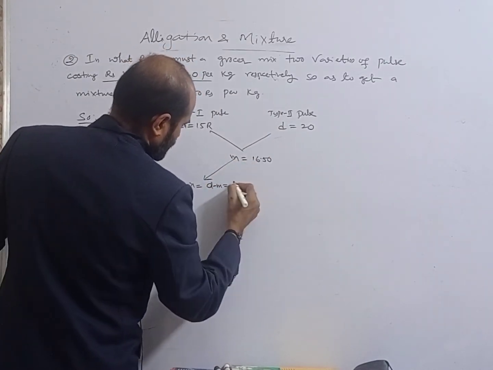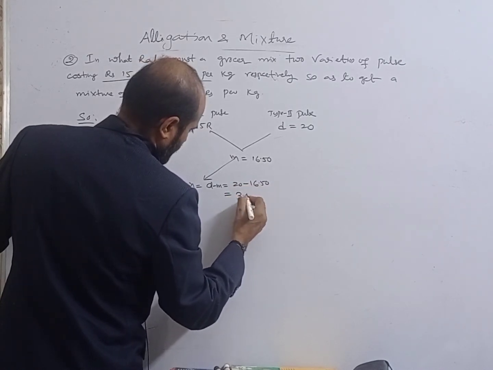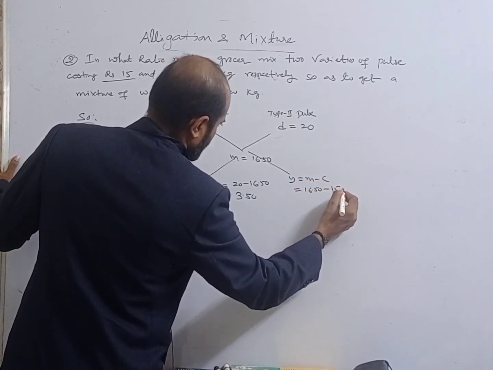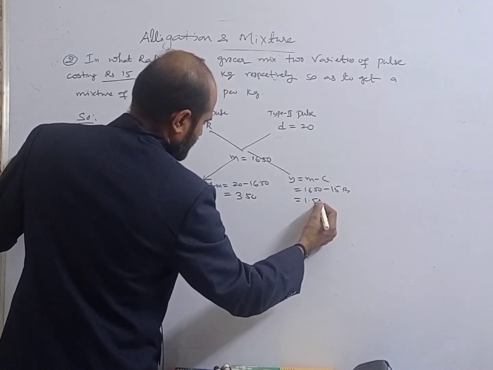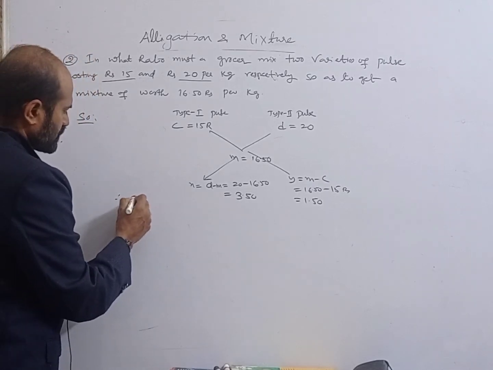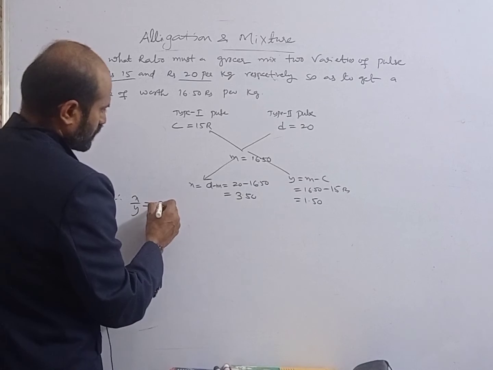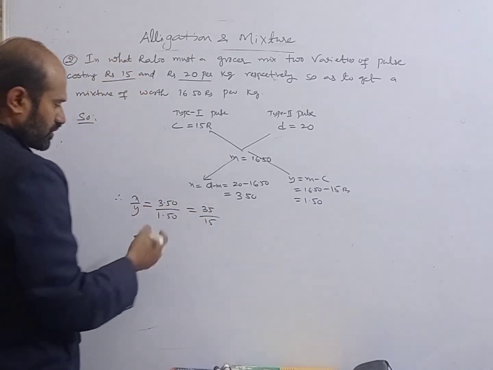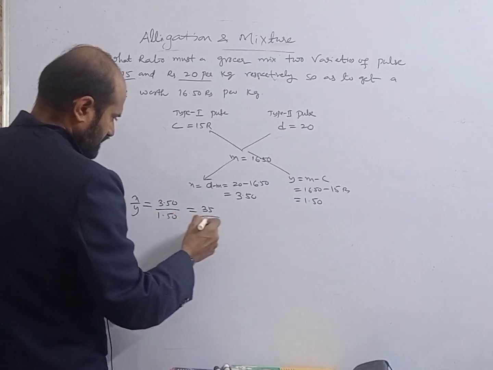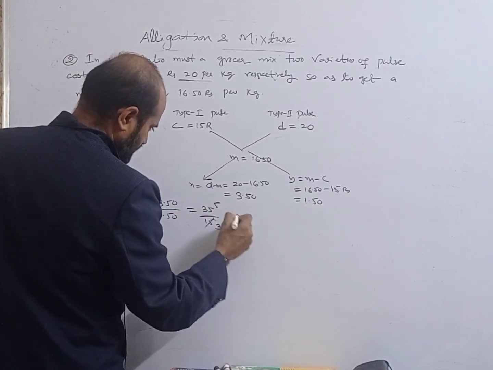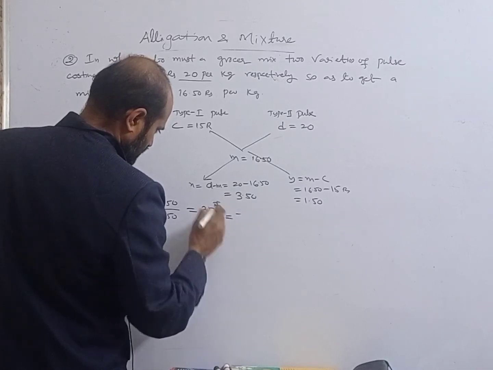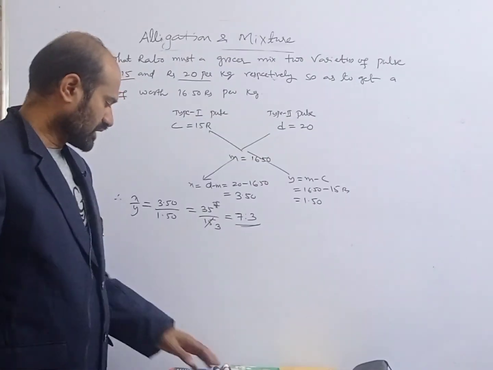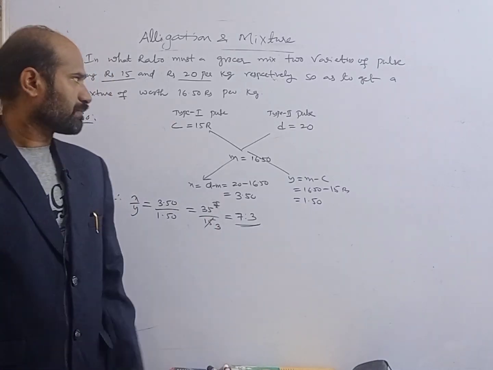So x is D minus M, so 20 minus 16.50, therefore 3.50, and y equals M minus C, that is 16.50 minus 15, which is 1.50 rupees. Therefore the ratio of the two quantities is x by y equals 3.50 by 1.50, which I can write as 35 by 15, cancelling the two decimal digits. Therefore 5 3s are 15, 5 7s are 35, so 7:3 is the ratio in which the two pulses should be mixed so that we can get 16 rupees 50 paisa per kg.